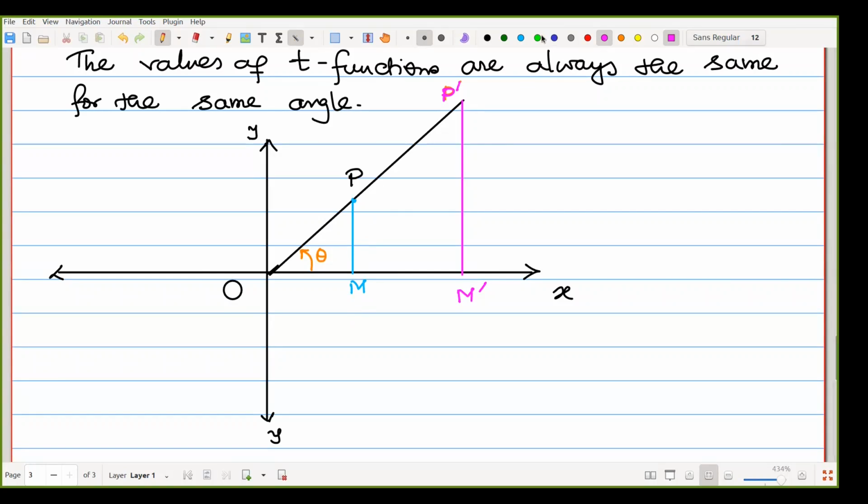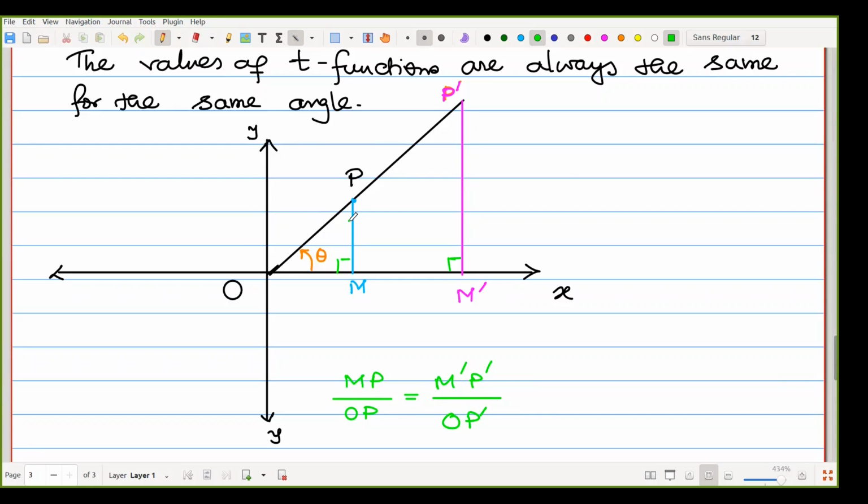Now, that one is a right angle, that one is a right angle. So if we look here, that means MP divided by OP is equal to M dash P dash divided by OP dash.